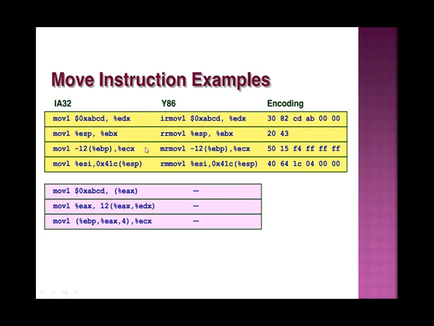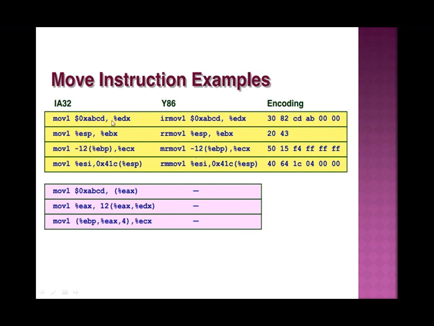Then move instruction examples. These are the multiple examples. This is used for comparison. This is used in IA32. This is used in Y86. That is movl. This is only irmovl. And exactly all the parts are the same. This is rrmovl. This is mrmovl.